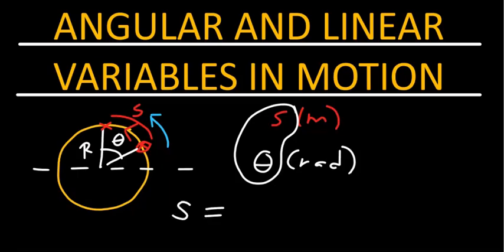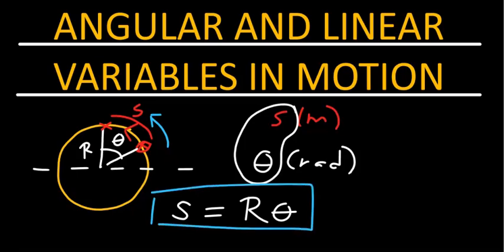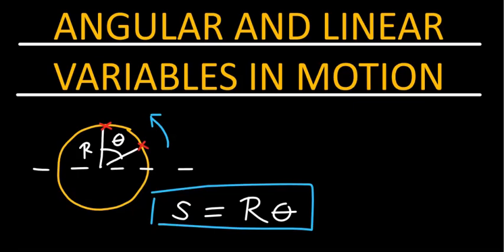The linear distance, or the arc length S, equals the radius of that rotating disk times the angular distance, theta. As simple as that. We note again, in using this equation, theta must be quantified in the unit of radians, not degrees.